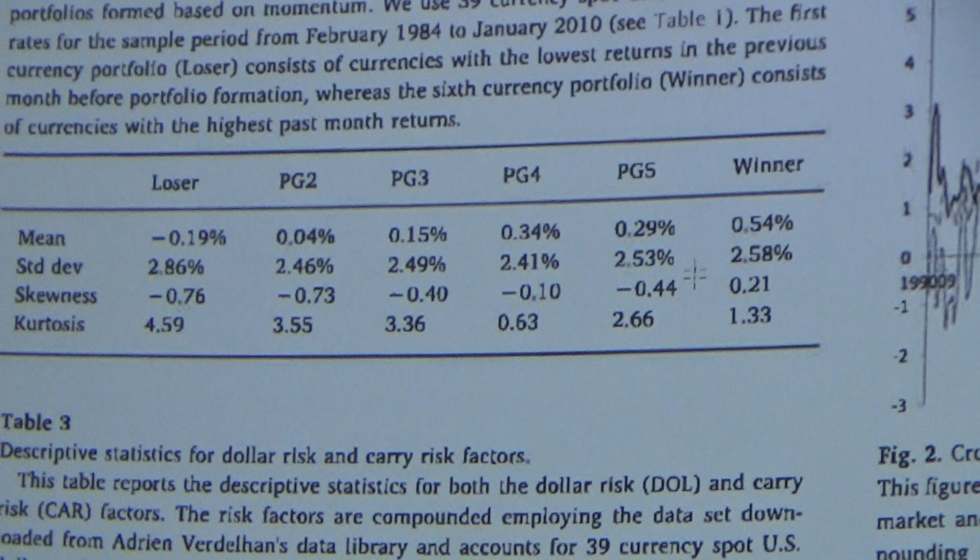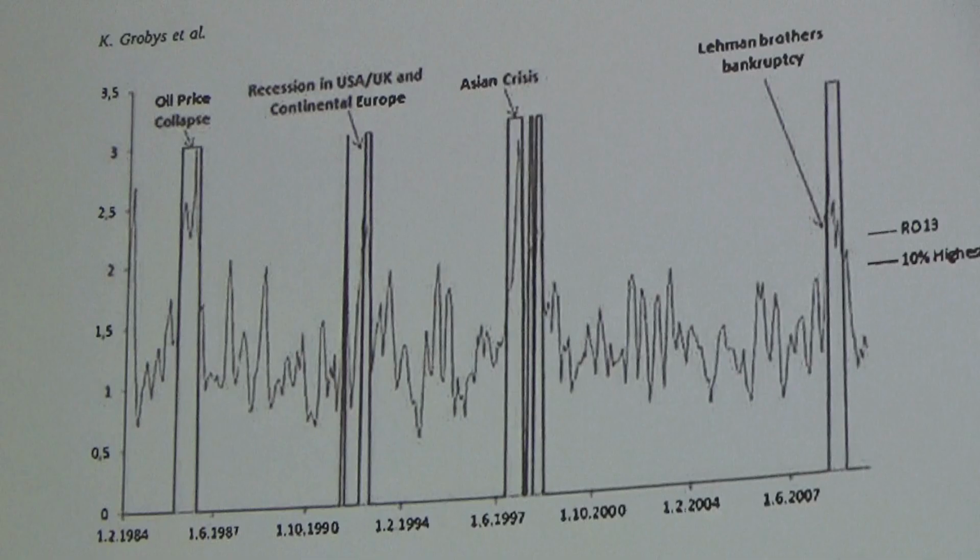If we have a look at figure 1, we see the cross-sectional currency return dispersion, and we highlight the 10% of highest values of cross-sectional return dispersion in the currency market. Again, we use formula 1, or the 3-month moving average of formula 1, based upon currencies.